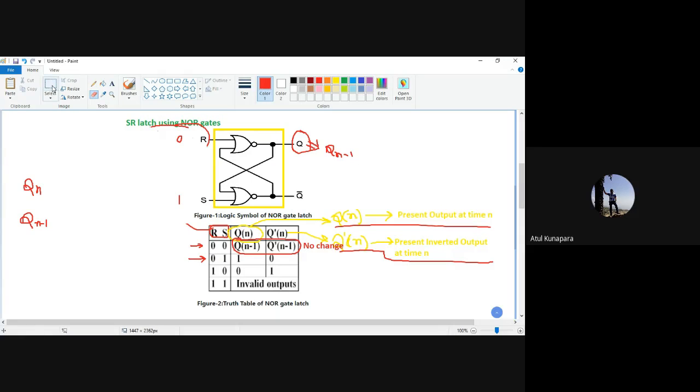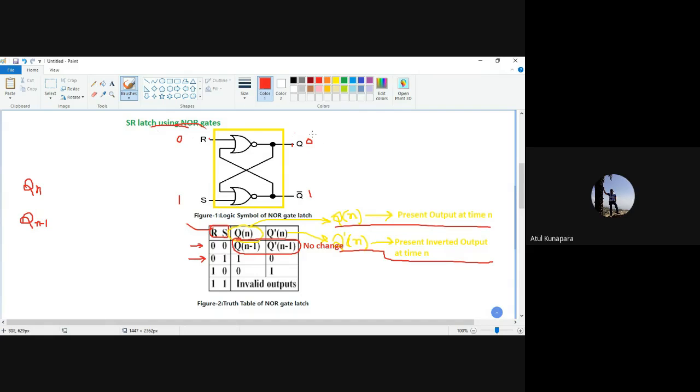Let us say before you have applied S equal to 1 and R equal to 0 at the input side, your output was 0 over here, and 1 over here obviously.